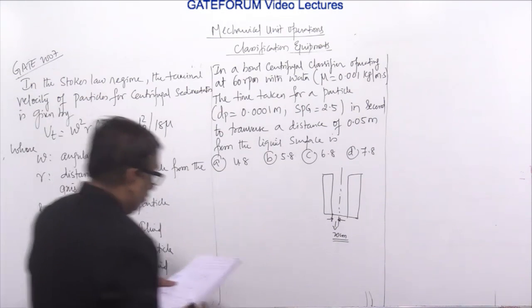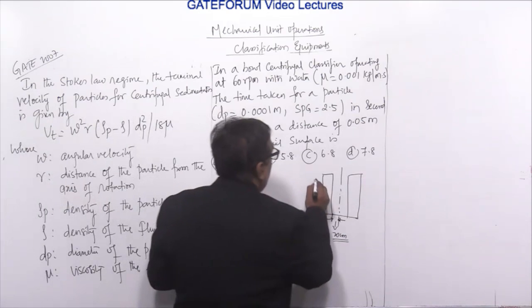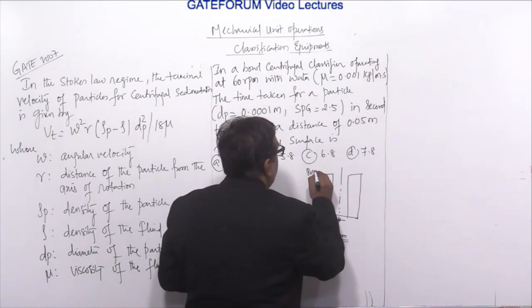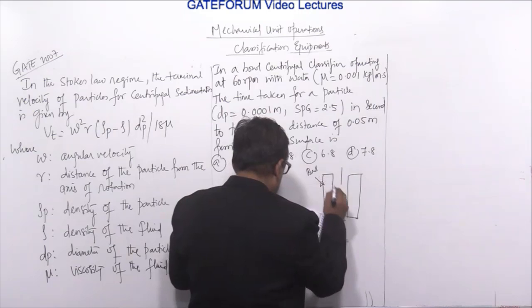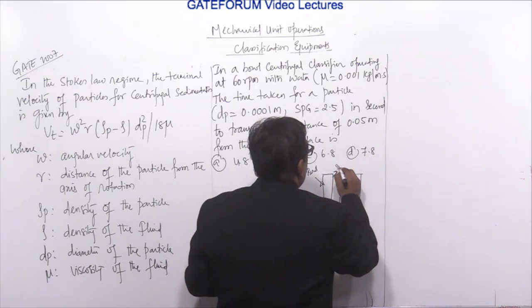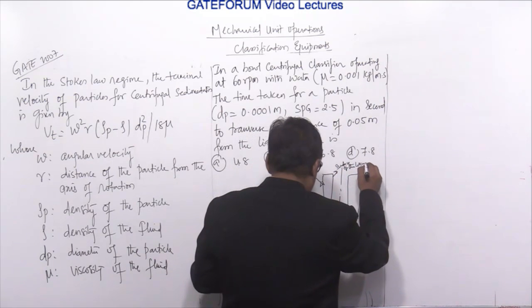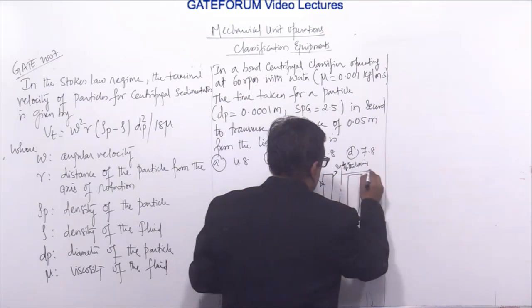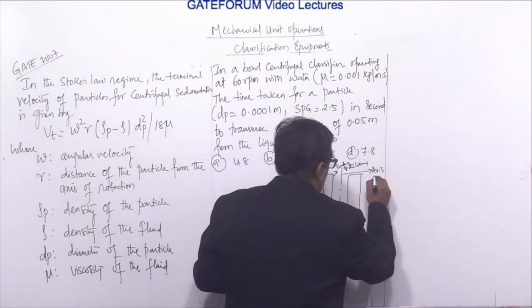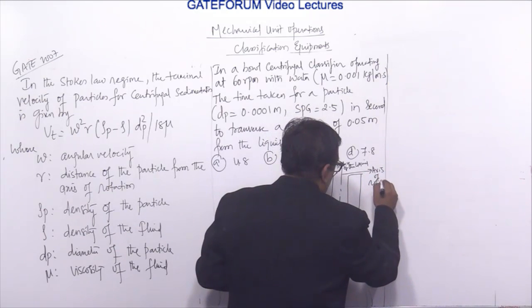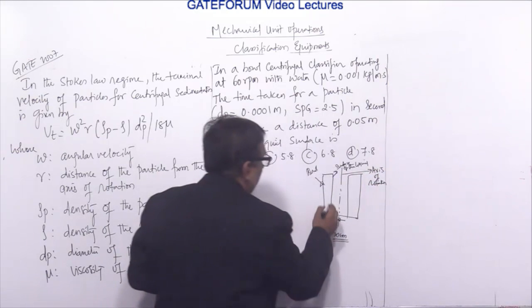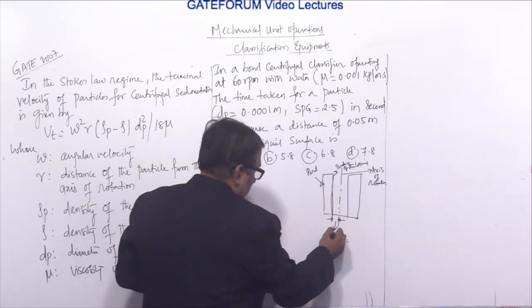So this is the bowl centrifuge he has given, and this is the surface of the liquid, and this is the axis of rotation. This is all we know, right? So he has given up to here, this is 20 centimeters.